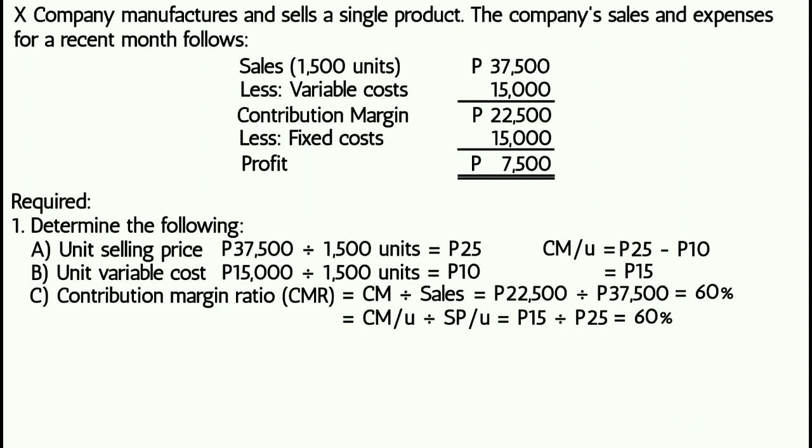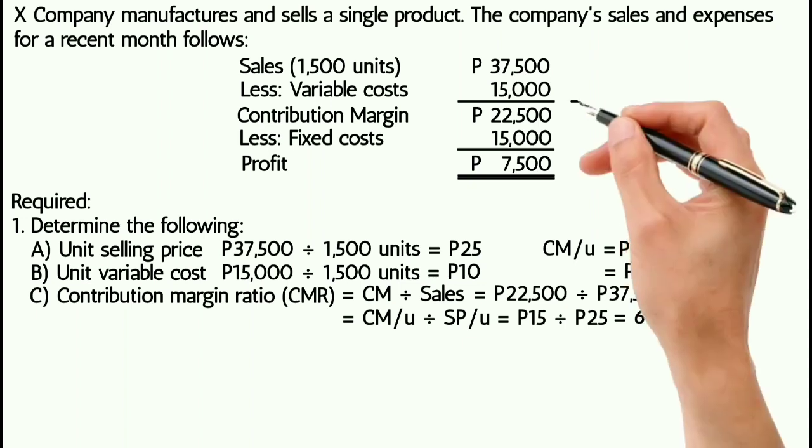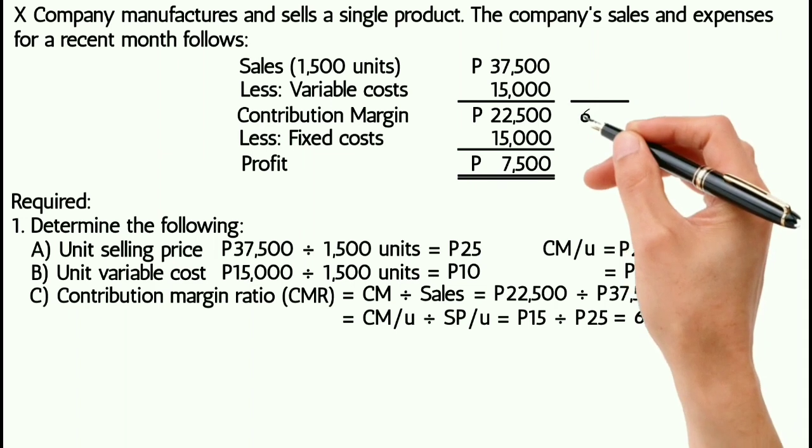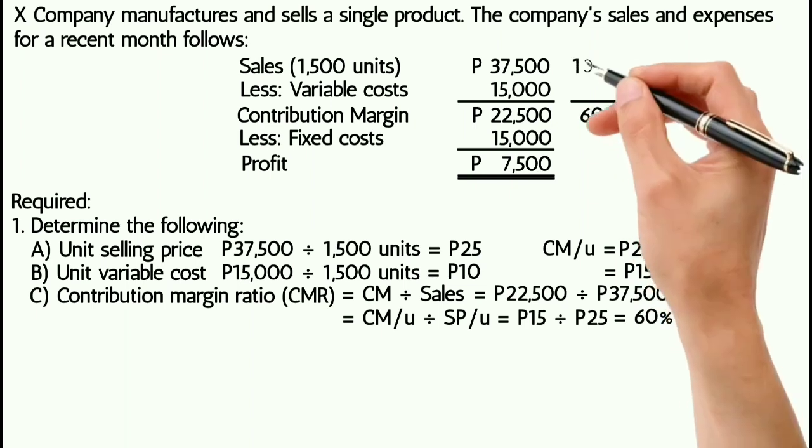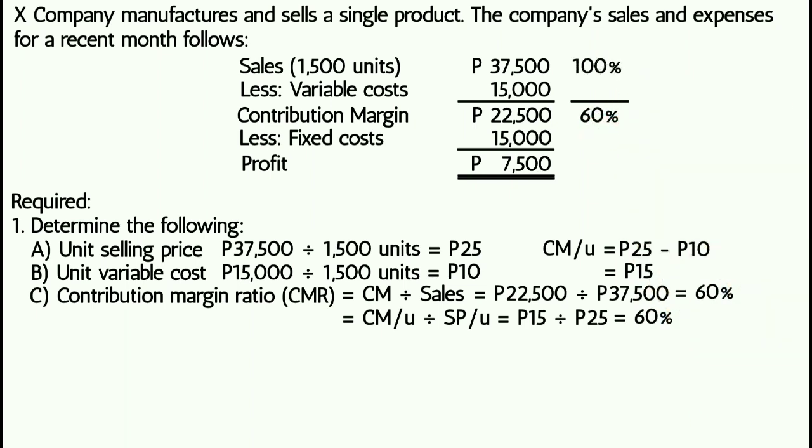Ano pa? Pwedeng CMR is equal to sales ratio minus variable cost ratio. Ang contribution margin ratio ay 60%. Ang sales ratio palagi ang 100%. Yung variable cost ratio, paano yan kinocompute? Variable cost divided by sales.